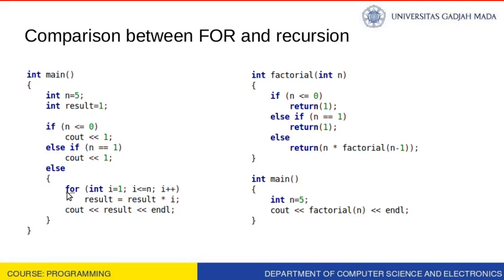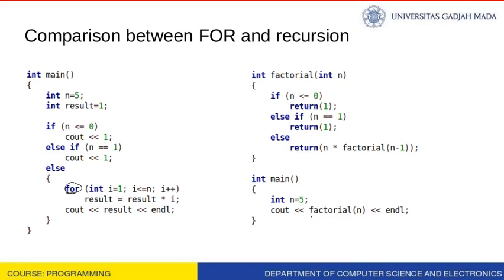Let us see here that we have the iterative process. It is coming from this for, and here we don't have any iterative process. As you can see, we don't have any for, while, or do while.